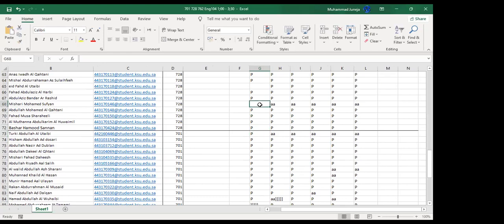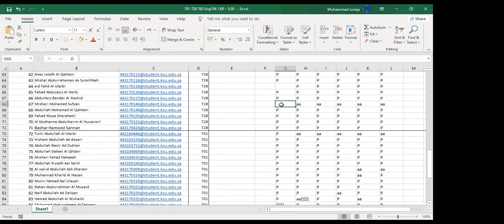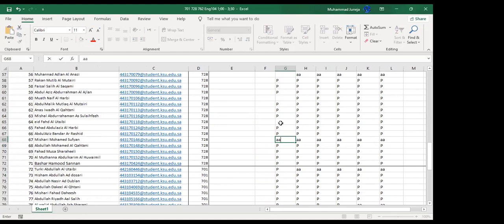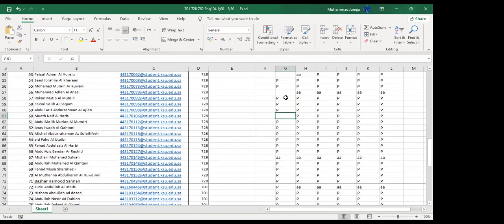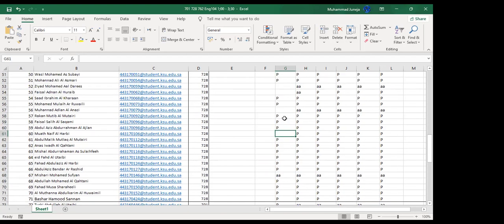Mishari, what number is it? 67, Mishari. Mishari, 67. Eid, 64. Present. Muad, 60. Muhammad, 56. Faisal Adnan, 53. Present.